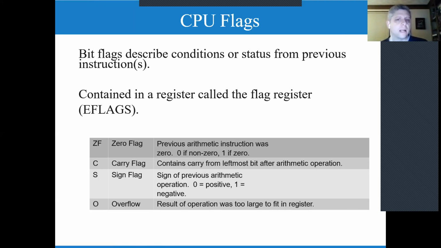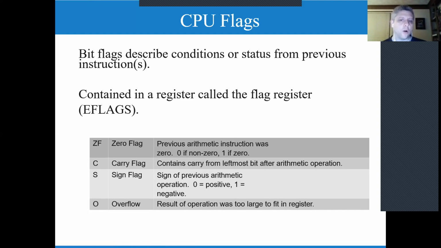There is the carry flag. This contains the leftmost bit after an arithmetic operation. Basically, if you added two really large numbers together and the register couldn't contain everything, the carry flag gets set. There's the sign flag, which tells you the sign of the previous operation, whether the result was positive or negative.